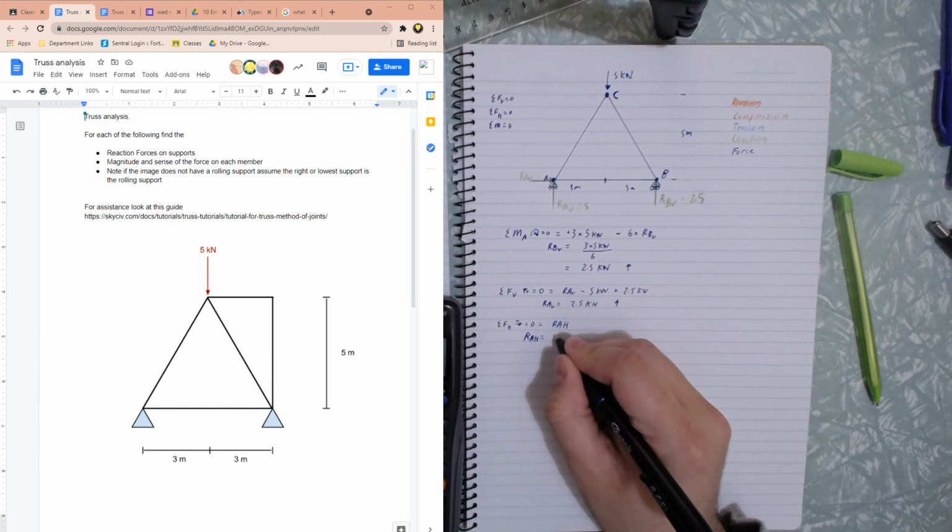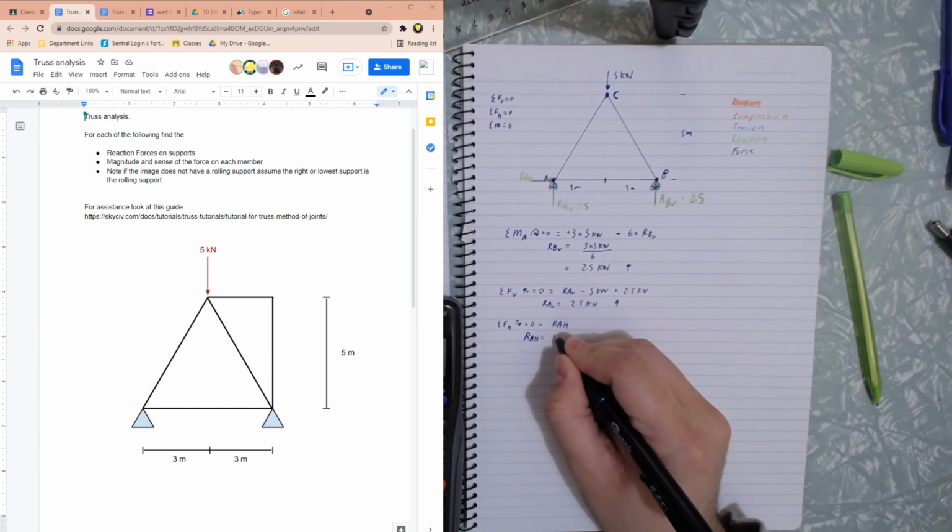We have over here a force going in at 2.5 kilonewtons. We don't know the amount of force that's coming out of these two pins here. But what we do know is their direction, right? So over here, we have either a tension or a compression, and we know its direction.